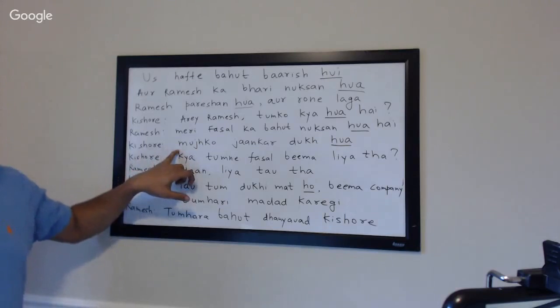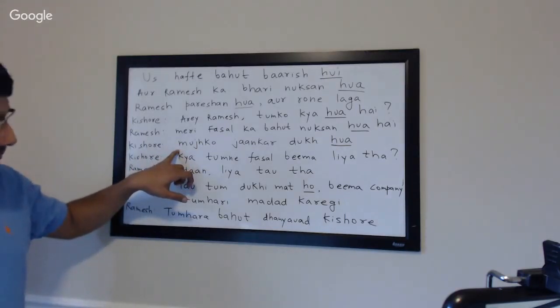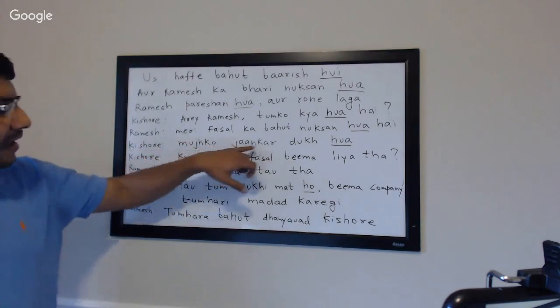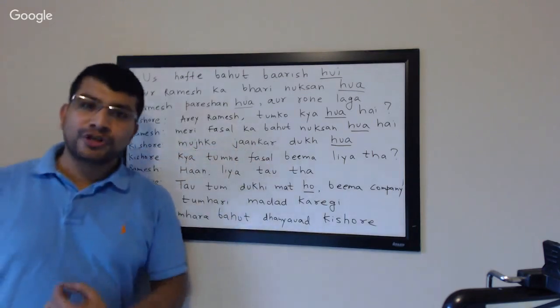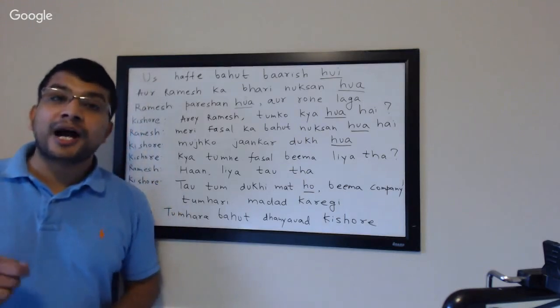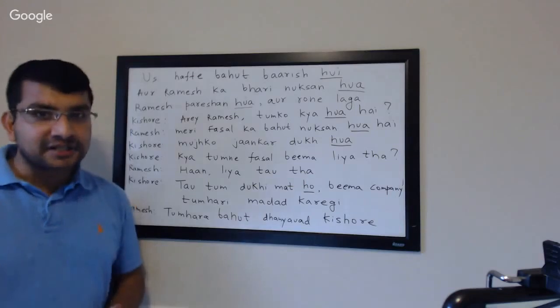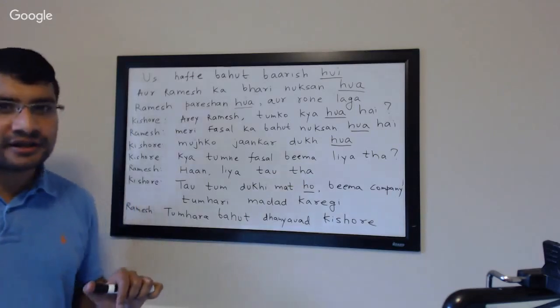मुझको जानकर दुख हुआ. It's sadness in his life happened. No, sadness happened to Kishore after knowing this. Remember, आपसे मिलकर खुशी हुई: happiness happened after meeting you, right? मिलकर, you're using कर there as well.